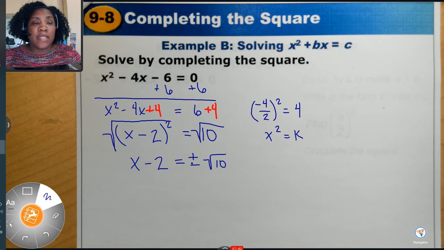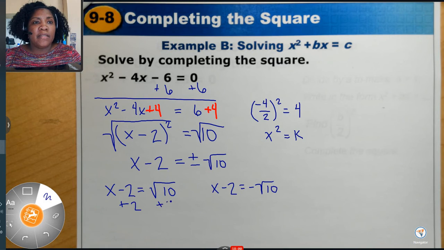Okay. We need to now separate this into our two equations and solve from there. So x minus 2 is equal to the positive square root of 10. And my second equation is x minus 2 is equal to the negative square root of 10. Add 2 on both sides. And we have that x is equal to 2 plus the square root of 10.